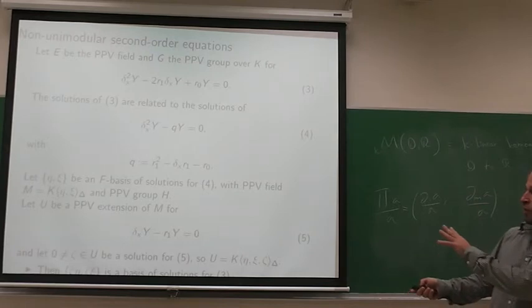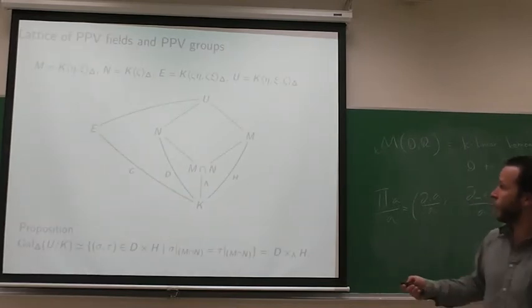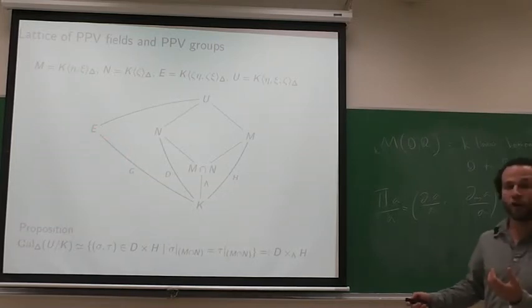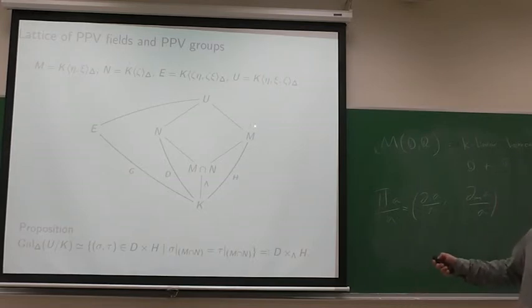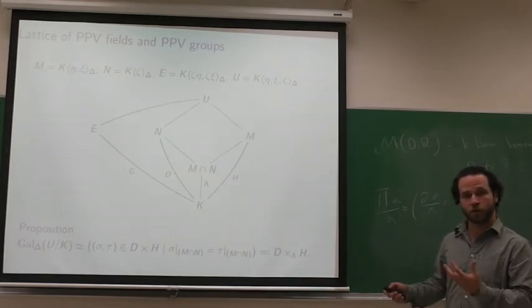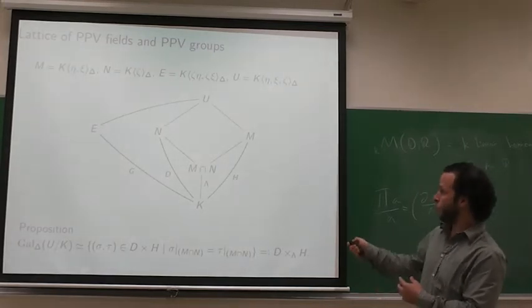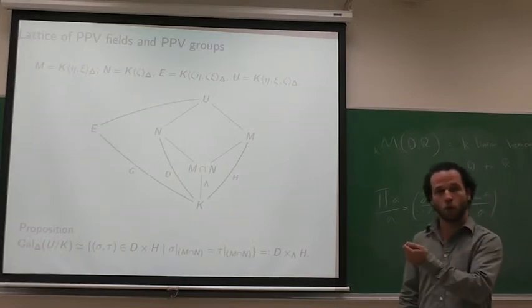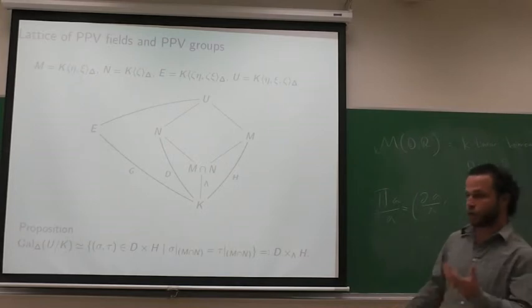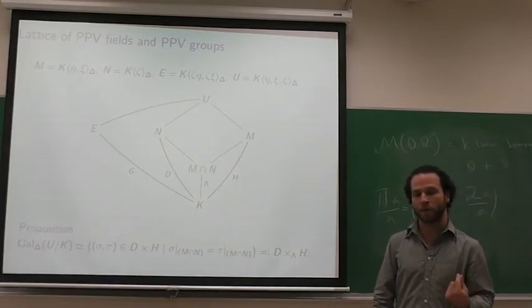There's a lot of notation here, but it gets summarized in this diagram. So just to remind you, E is the PPV field whose Galois group G is the one that you're trying to compute. M by design is a PPV field whose Galois group is unimodular in SL2. The equation that M comes from has R1 equal to 0. And this M is obtained by adjoining this exponential that you need to go back and forth between the solutions.